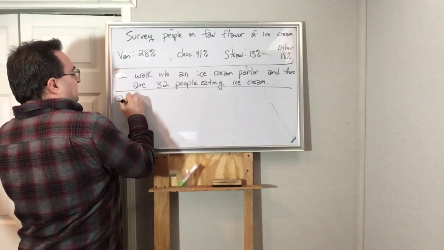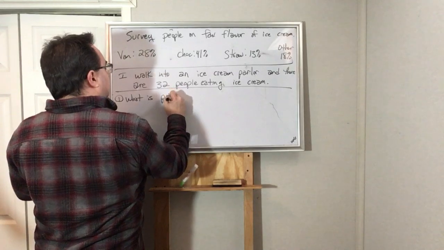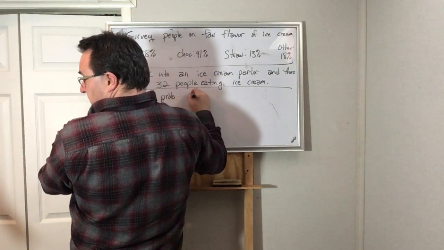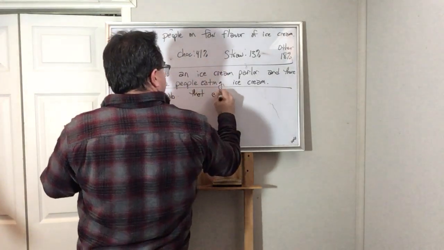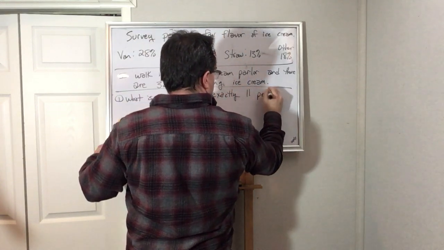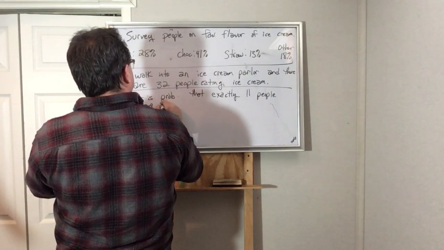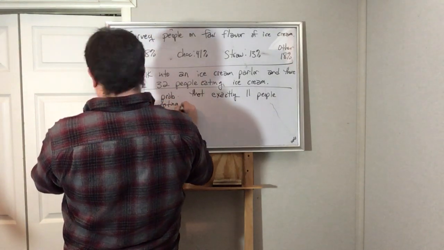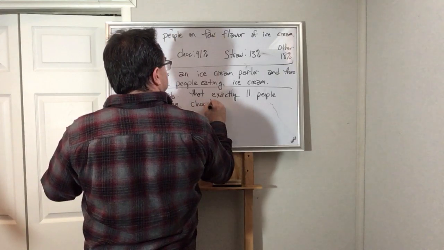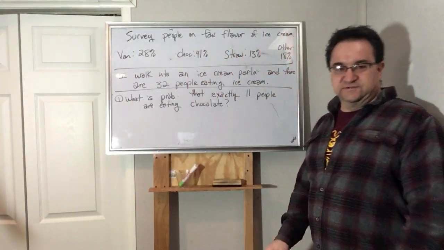Question 1, what is the probability that exactly 11 people are eating chocolate ice cream? Right? So you get the scenario.